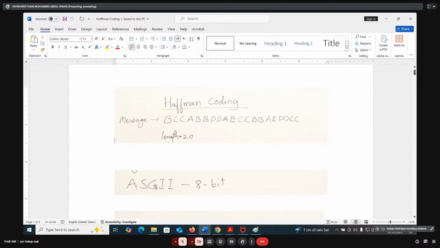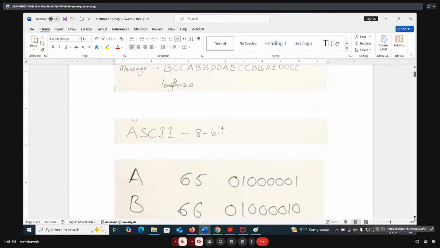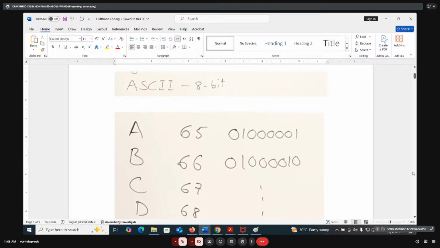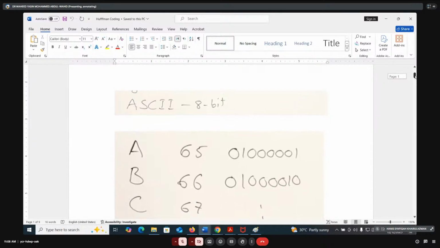If I'm using ASCII code, each character will be represented by 8 bits. So how much do I have here? 8 multiplied by 20. According to ASCII, A is represented by 65, B is represented by 66, and so on. The binary code for representing A is 8-bit in ASCII. So 65 is an 8-bit binary code.